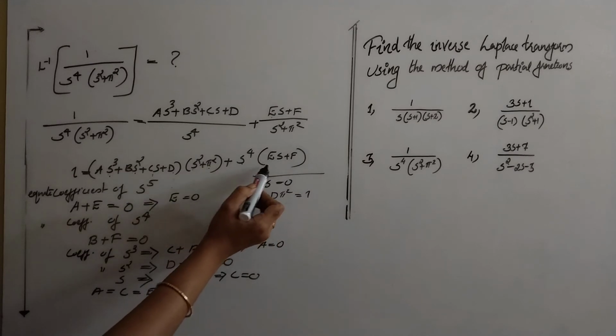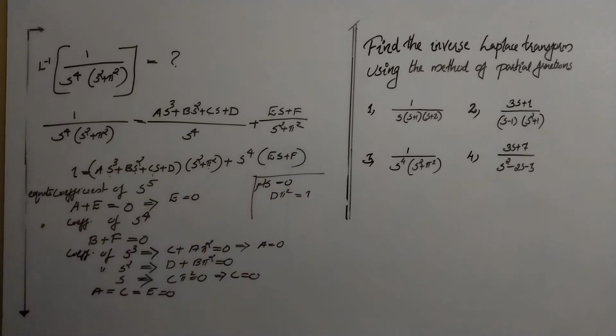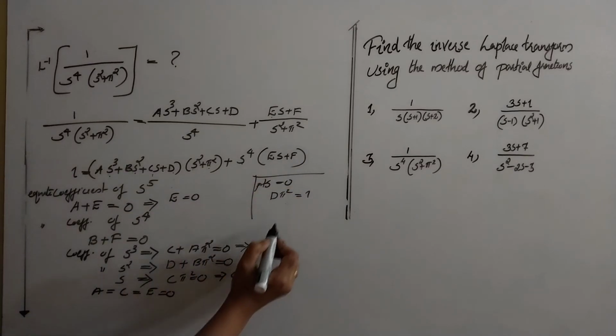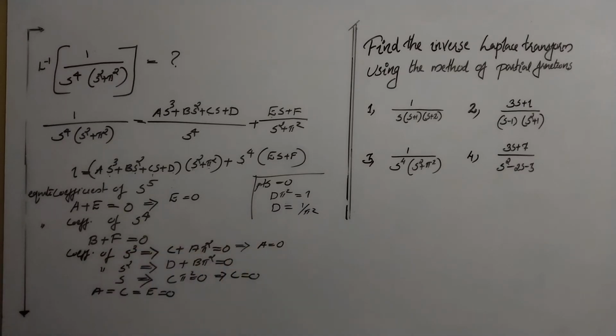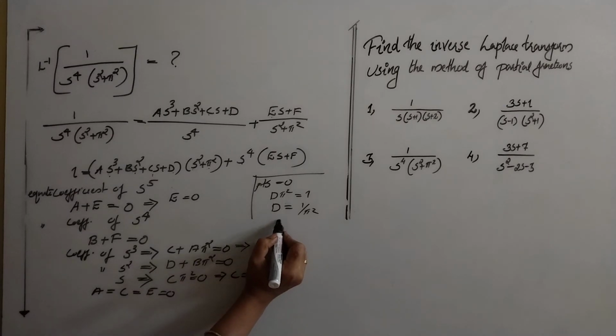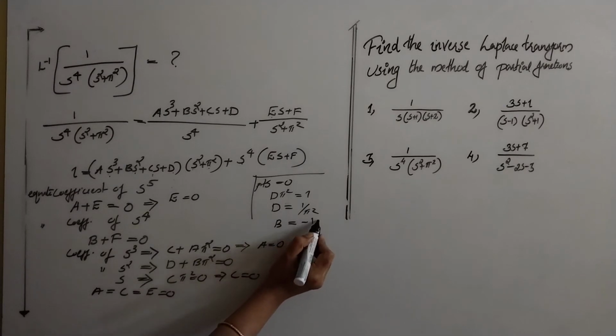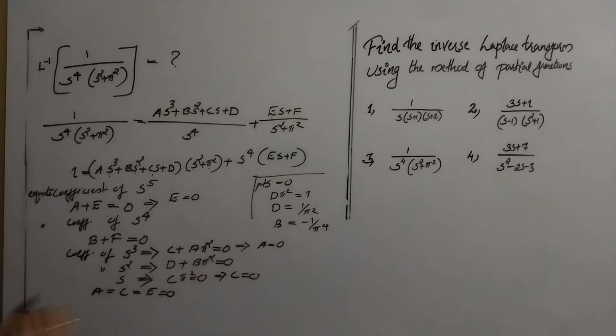Here also s equal to 0, this term becomes 0. So d pi square is equal to 1. This implies d is equal to 1 by pi square. And b is equal to what? D is equal to 1 by pi square, b is equal to minus 1 by pi raised to 4.